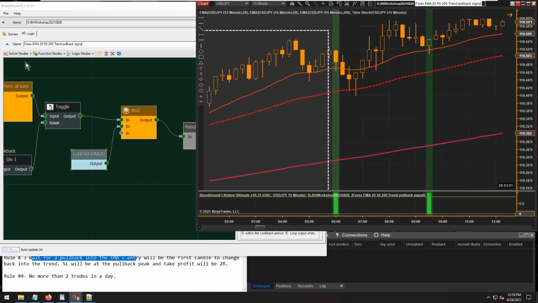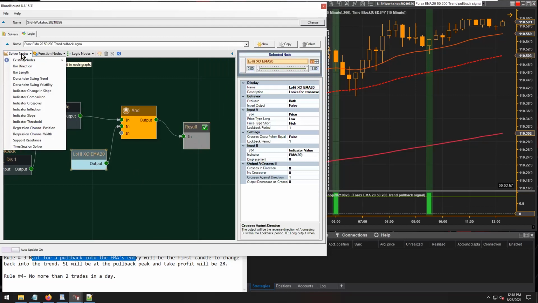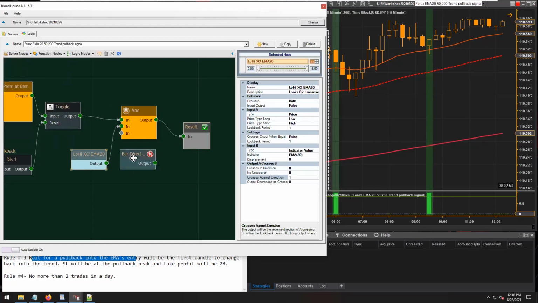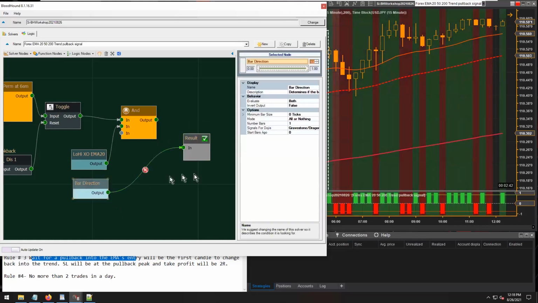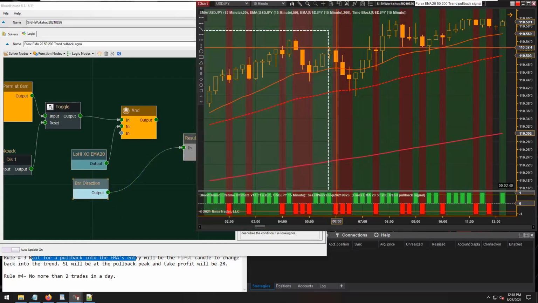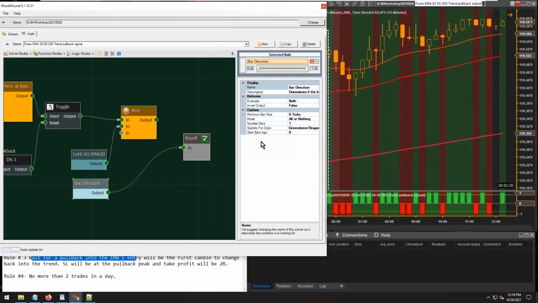Well, yeah, let's do this here. Let's grab a bar direction just in case. Right, so if we look at the bar direction, we need some down bars, right? So the pullback will consist of down bars, right?